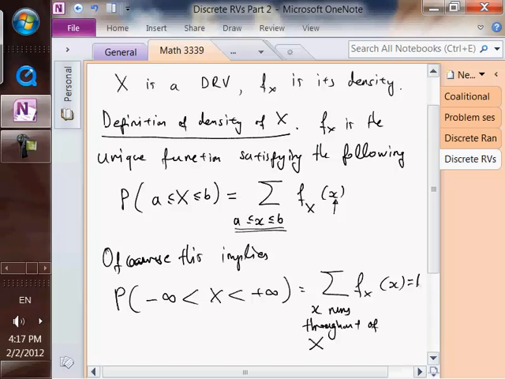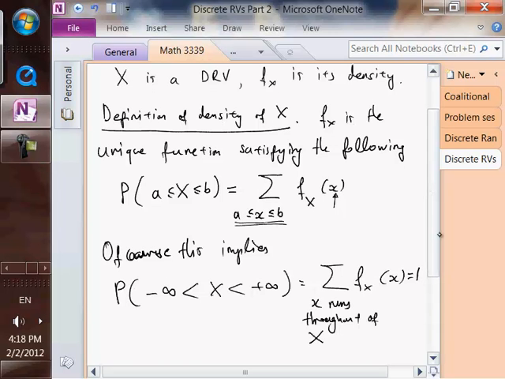Because the random variable will take one of the values within its range. Okay? So this is the significance of the density function.